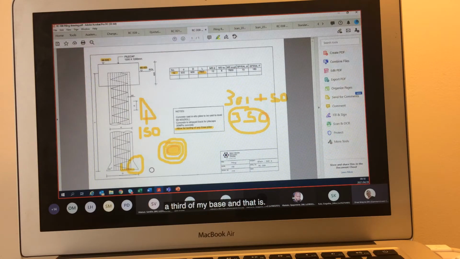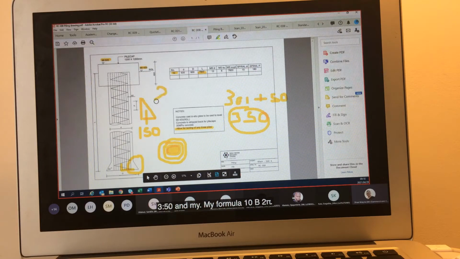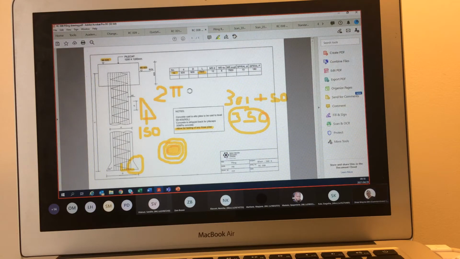It's a third off my base, and that gives me the 350, and my formula would then be 2 pi radius, and that radius is therefore the 350 millimeter that I have determined.